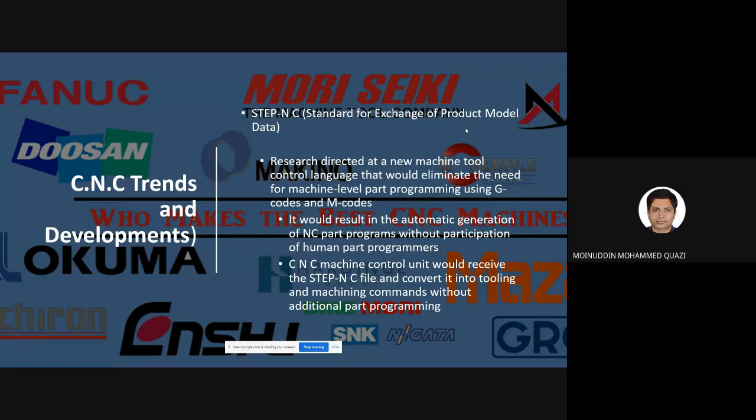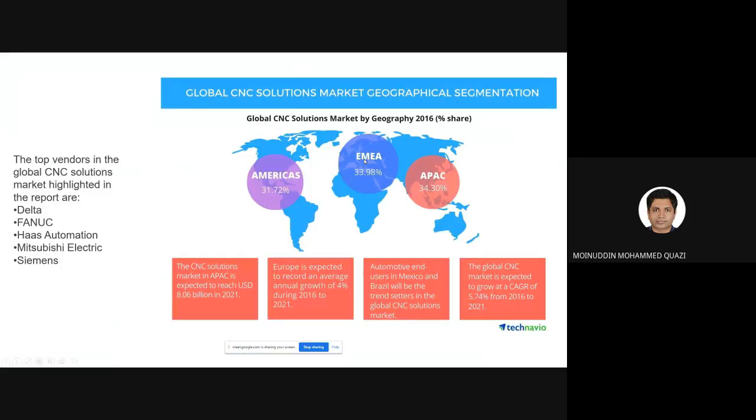It's a little bit tricky. So you get confused, and machine operators who have a lot of experience are also sometimes in trouble. So for creating complex parts and complex geometries, people are moving towards a relatively newer system, which is STEP-NC technology. This is one of the trends.